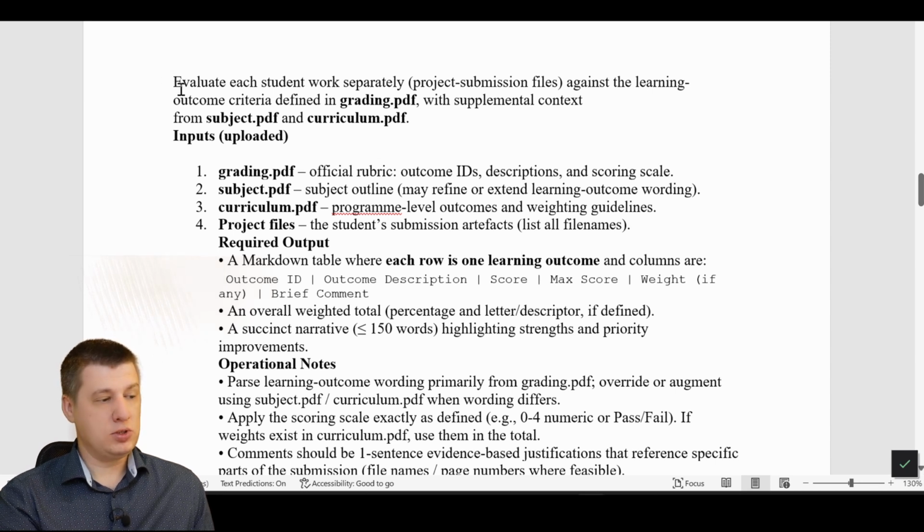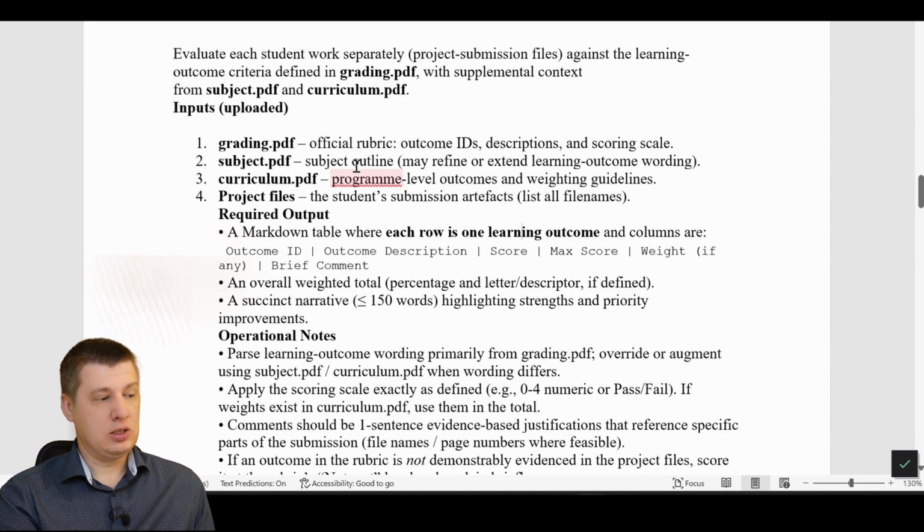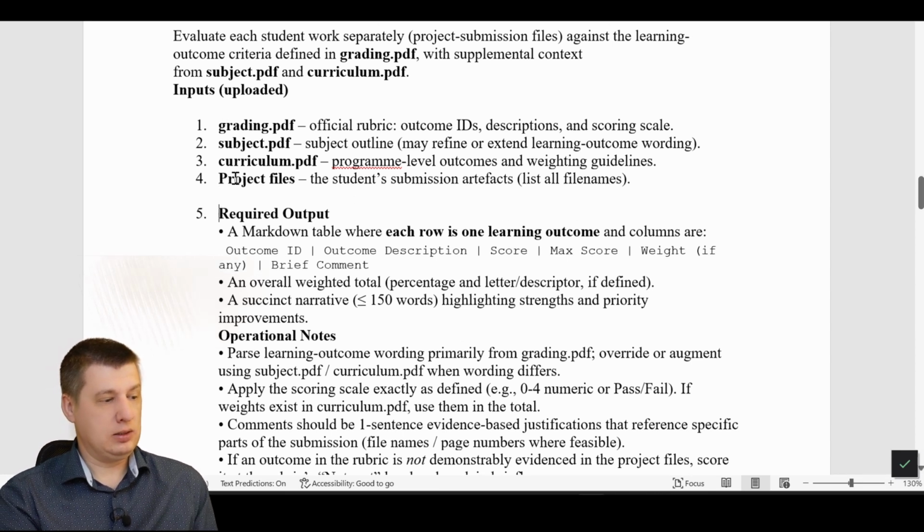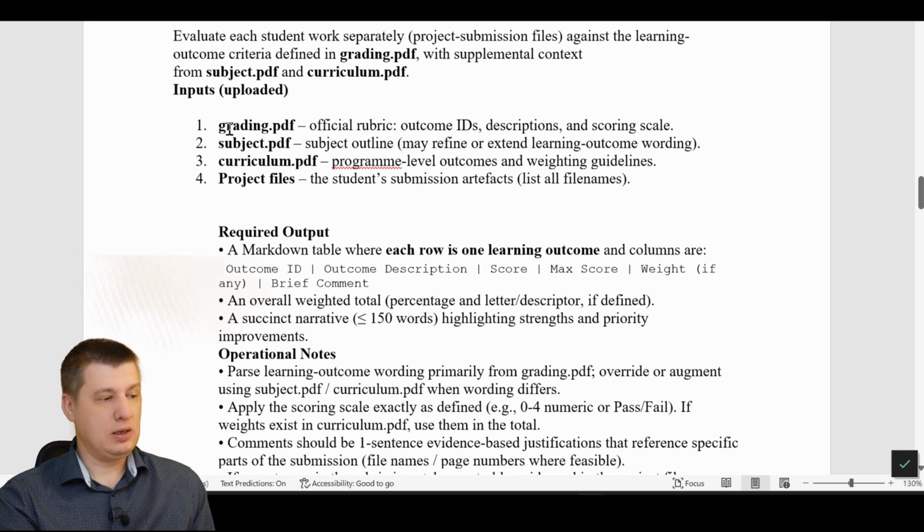So based on my prompt, I want to evaluate every student work separately, per submission file, based on the grading PDF. It's my grading rubric based on the subject and based on the curriculum. So I will upload it as project files, 4 files. Grading is the description and scoring.